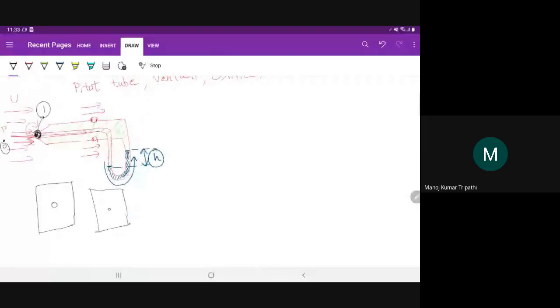Now we can write the Bernoulli's equation between point 0 and point 1. P by rho g plus v square by 2g, and there is no height difference z, so we'll neglect that, is equal to, this is at point 0, p0 v0, p1 by rho g, and as we said, velocity at point 1 goes to almost 0, so plus 0.